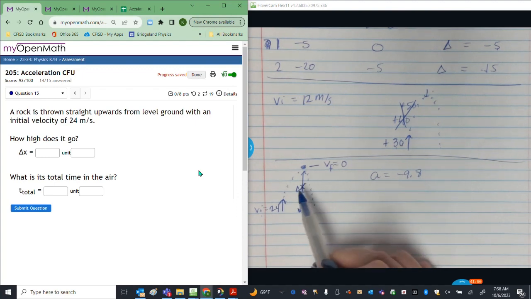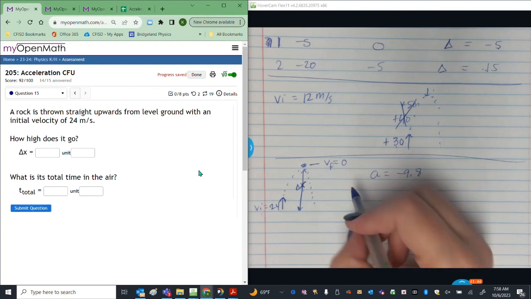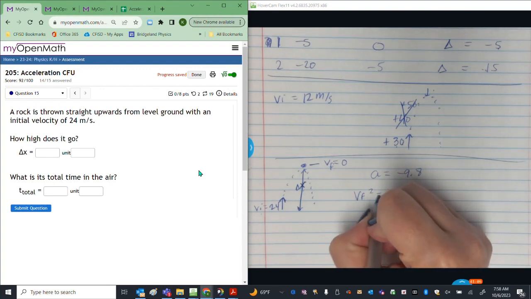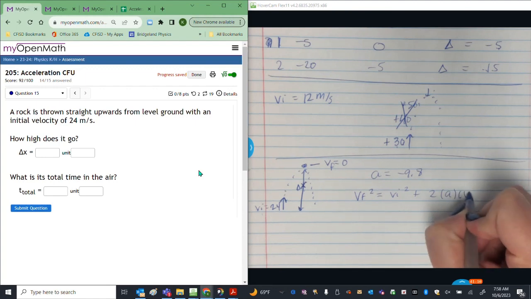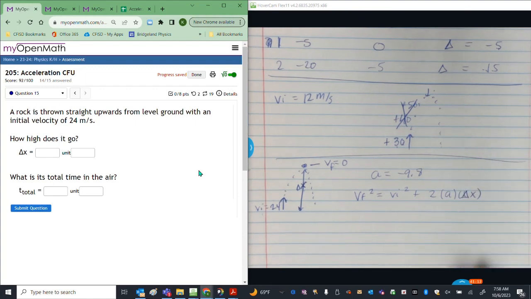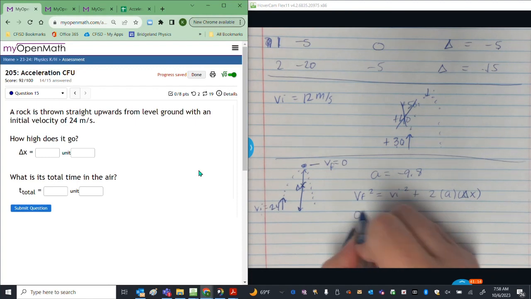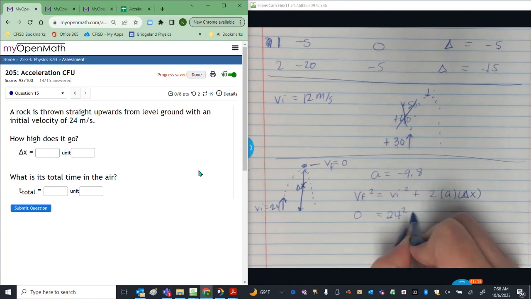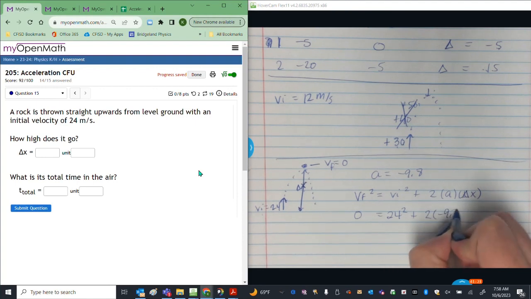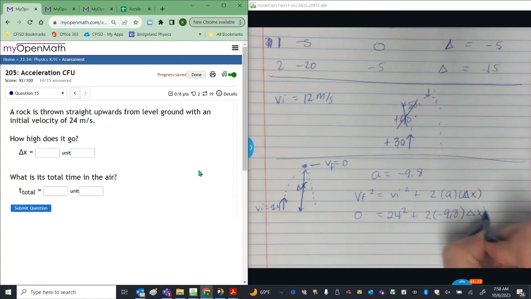The equation I'm going to use is the second one on my board: VF squared equals VI squared plus 2 times A times delta x. Plugging in, that is 0 squared, which is 0, equals 24 squared plus 2 times negative 9.8 times delta x. Okay, so let's get 24 squared.